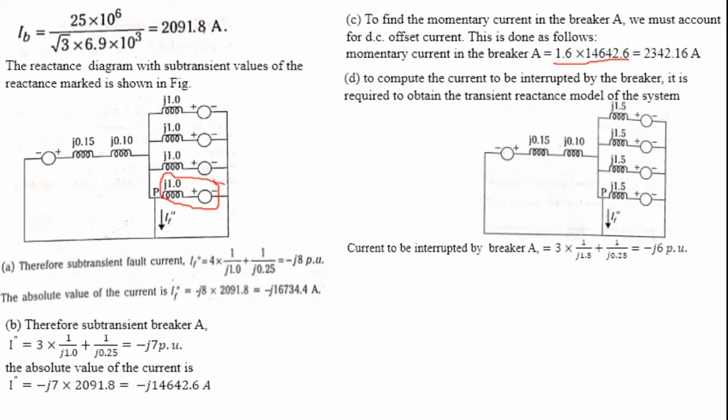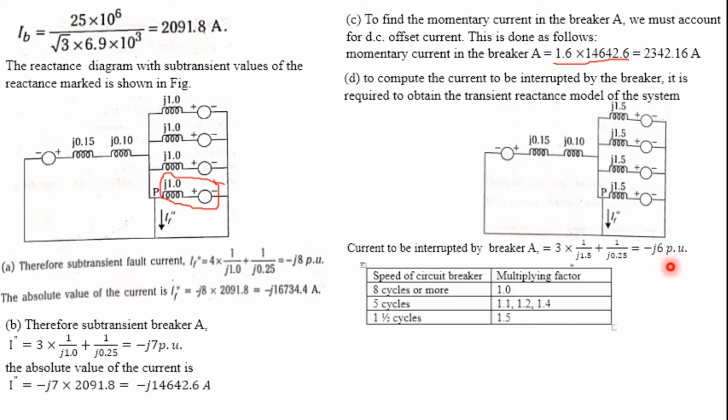This is the isolated part, so 1, 2 and 3. 3 into 1 by j1.5, so this value is 0.25, and we'll get minus j per unit.